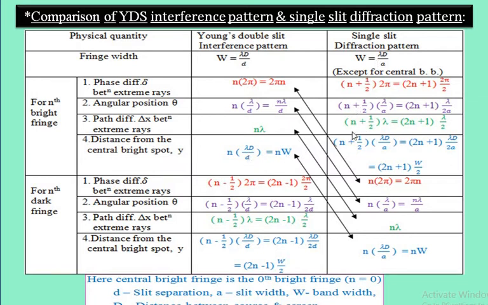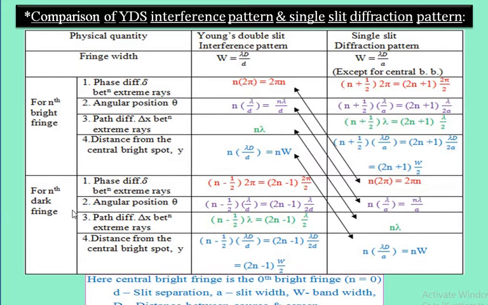And in case of a diffraction pattern, the formula becomes n plus 1 half in second bracket lambda D divided by small a, which is equal to 2n plus 1 into lambda D divided by 2a. Here lambda D divided by a is nothing but W, the fringe width. Therefore the formula becomes 2n plus 1 into W divided by 2.